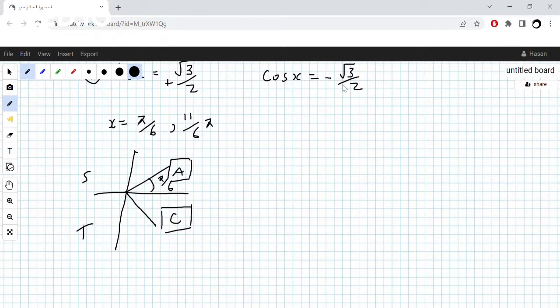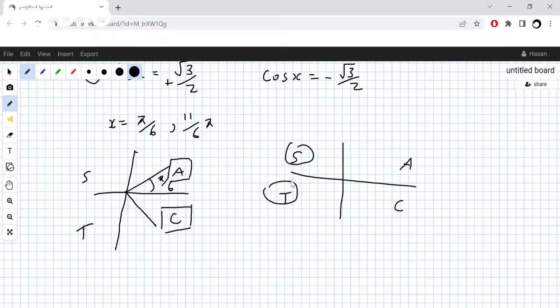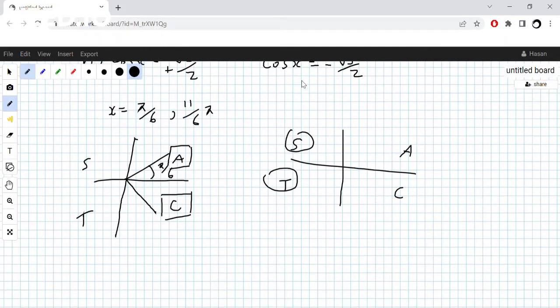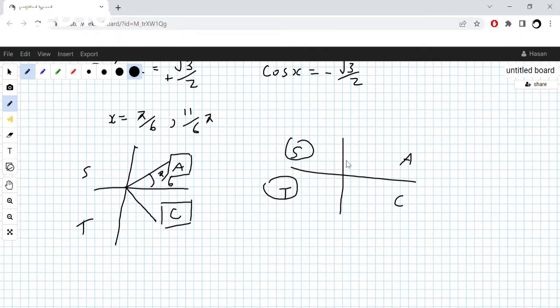For this, we want the negative values, and the negative values would be this one and this one. These are the only places where cos x can be negative. Your calculator value will still be the same. It will give you pi over 6.